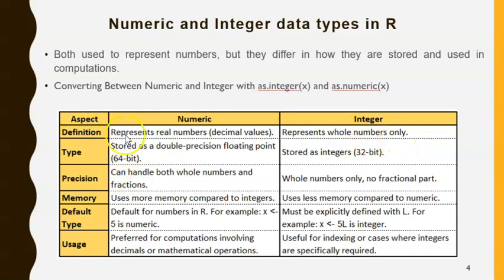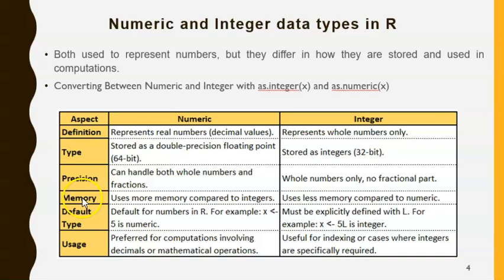Let's check these things here together. For numeric, as I told you, decimal values; integer, whole numbers. Precision can handle both whole numbers and fractions, and for integers, whole numbers only, no fractional part.